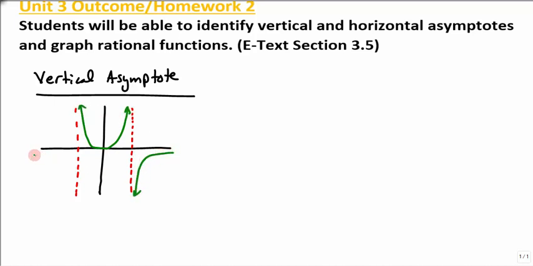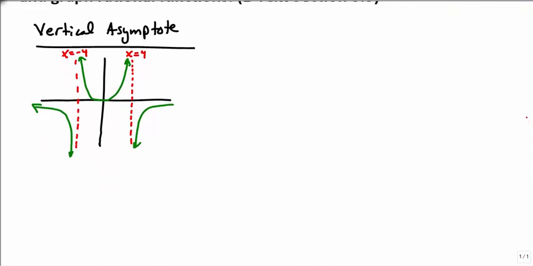And I might be getting very, very close to these vertical lines but never crossing. So in this case, let's say I have a vertical asymptote at 4 and another one at -4. So a vertical asymptote is a line that a graph never crosses. Now when we're talking about a vertical asymptote, we're basically talking about where a function is undefined.